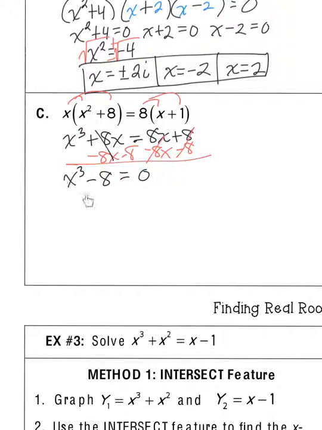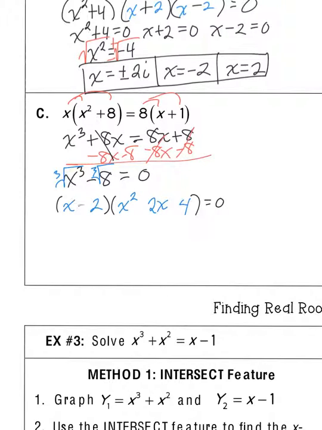I have a perfect cube minus, this is a perfect cube because 2 cubed is 8. So I'm going to use my difference of 2 cubes, where I have a binomial and a trinomial. And so the cube root here and here would be x and 2. To get my bookends, I'm going to square the x and square the 2. To get my middle term, I'm going to multiply the x and the 2, and so I get 2x.